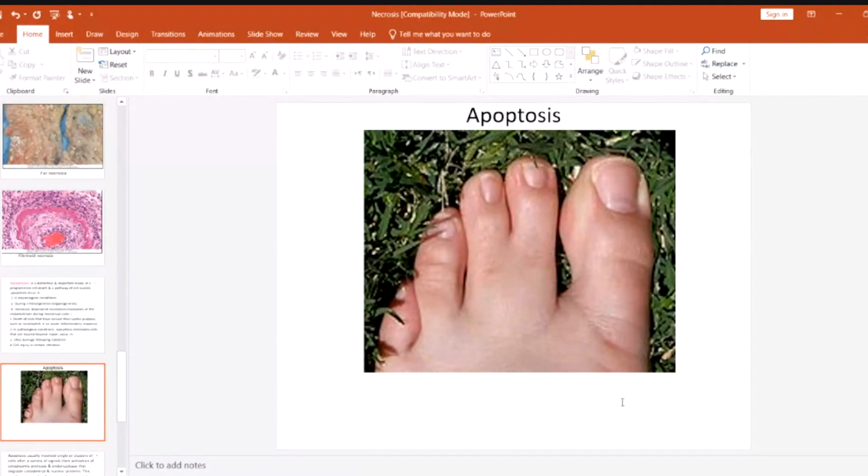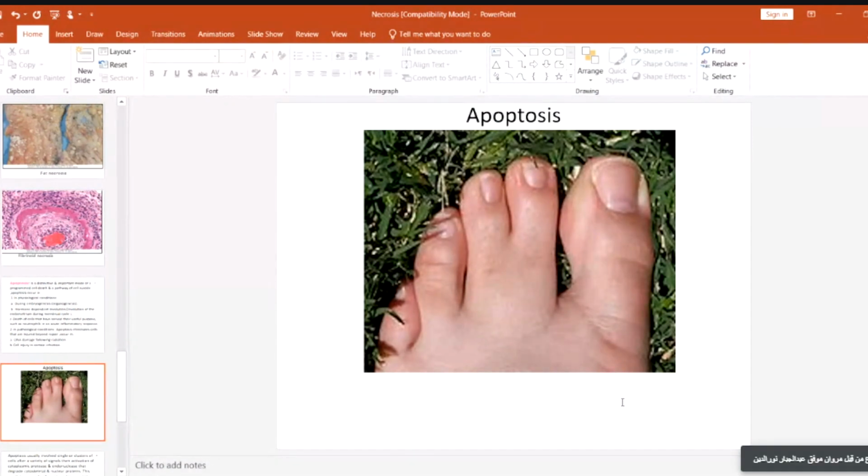Or we can see it pathologically, to prevent a cell which contains damaged or abnormal DNA after exposure, for example, to radiation, from progression and development into malignancy, by killing such a cell.